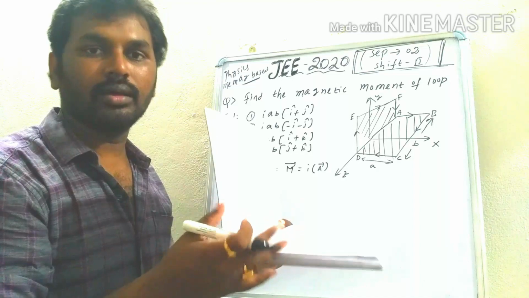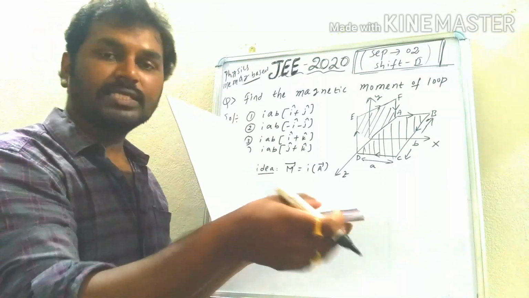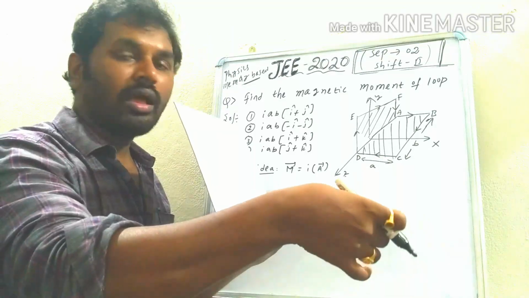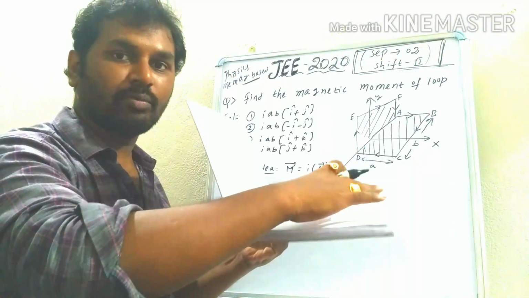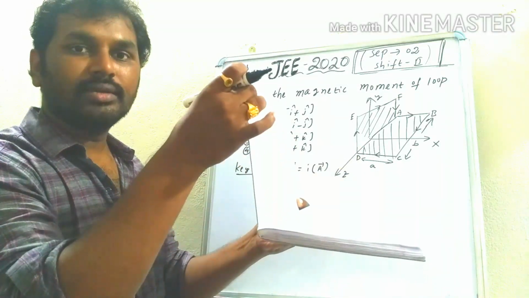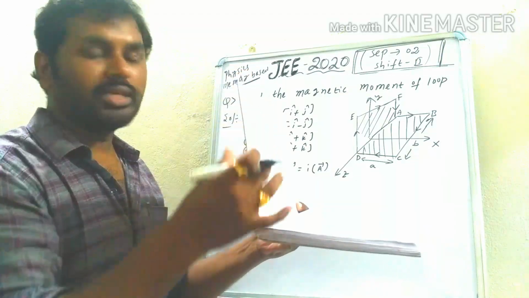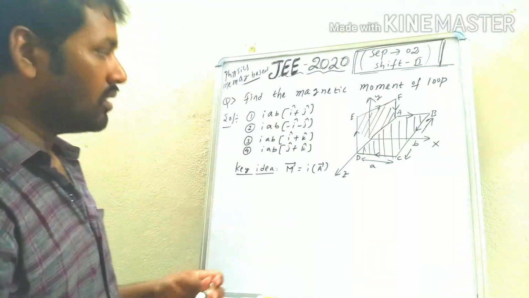These 2 planes are perpendicular to each other. Can you see? This plane is on the XZ plane, and this one is on the YZ plane. These 2 planes are perpendicular to each other.